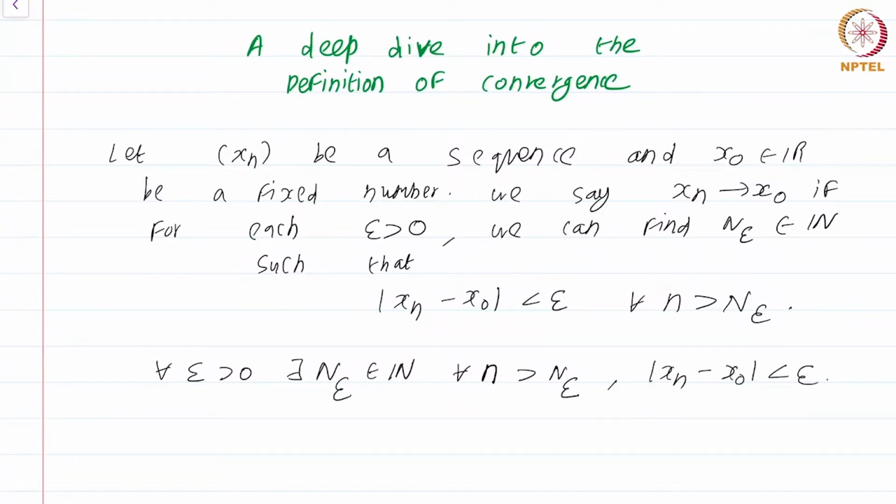So it is at this point that it might be a good idea to read this symbol as "for each." For each epsilon greater than 0, there is N_epsilon in N such that for all n greater than N_epsilon, |x_n - x_0| < epsilon. It doesn't matter how you read the second one.